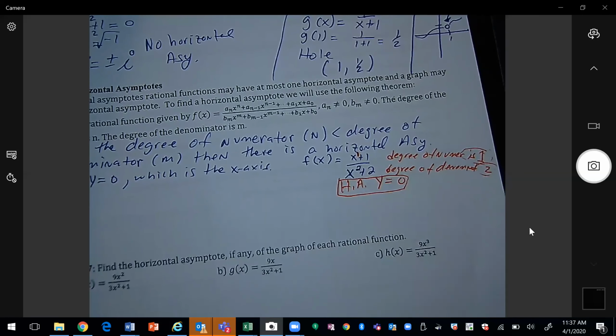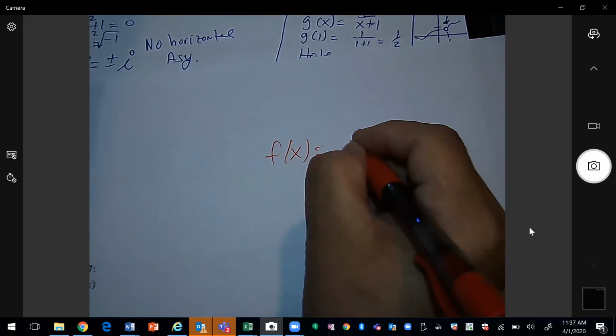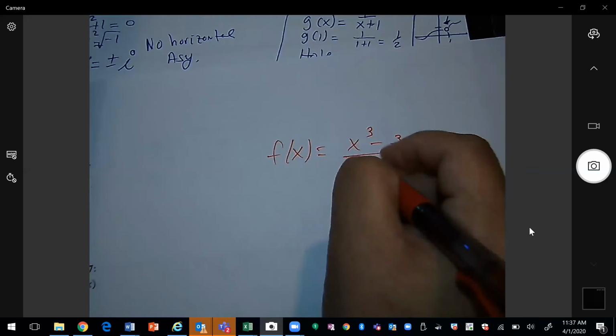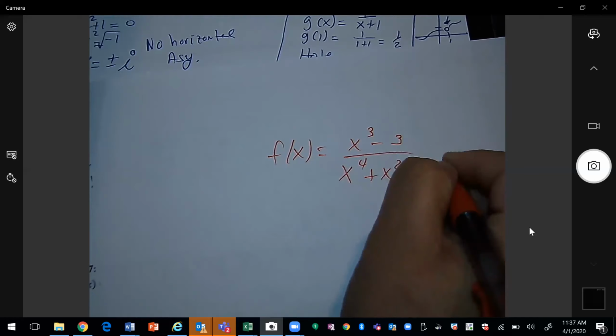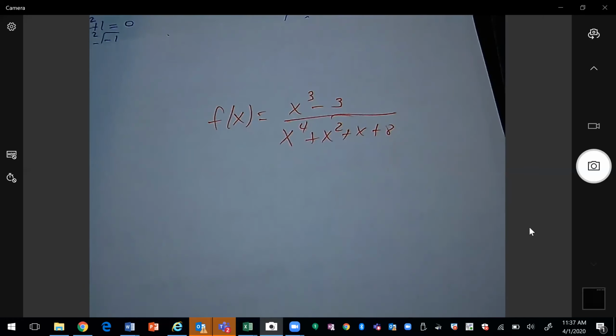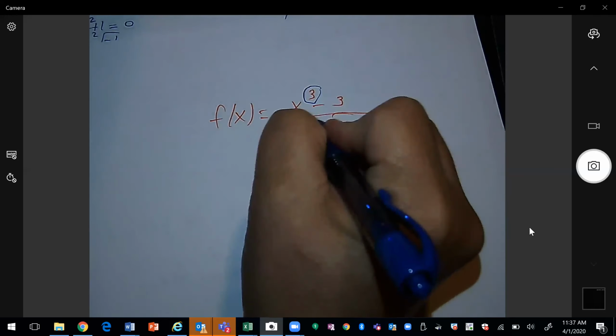And that's going to happen all the time. So for example, if you had f of x equals x cubed minus 3 divided by x to the 4th plus x squared plus x plus 8, something like this. If you want to find the horizontal asymptote, we have to check the degrees here.